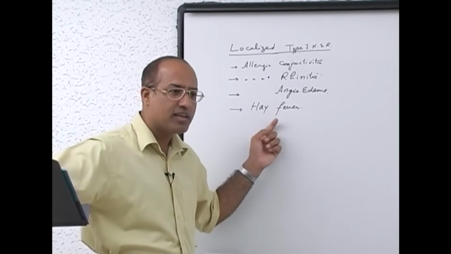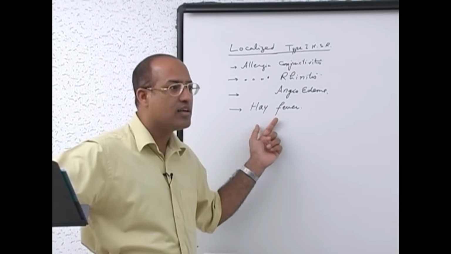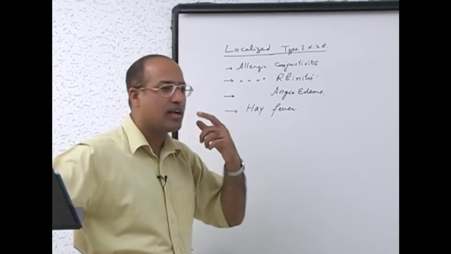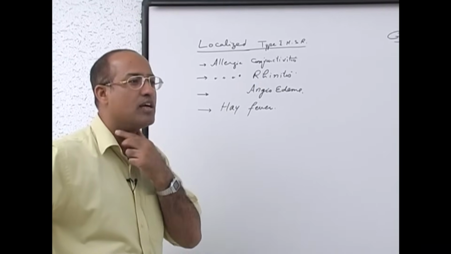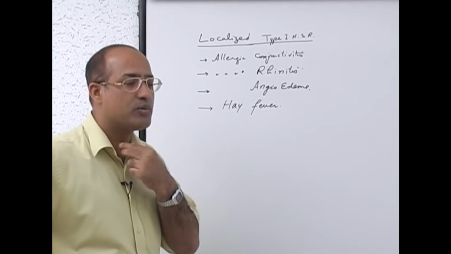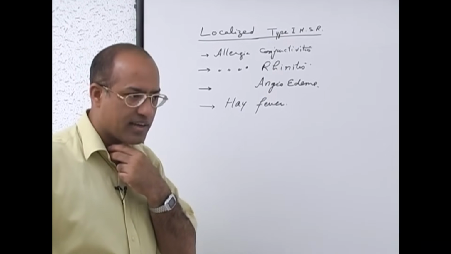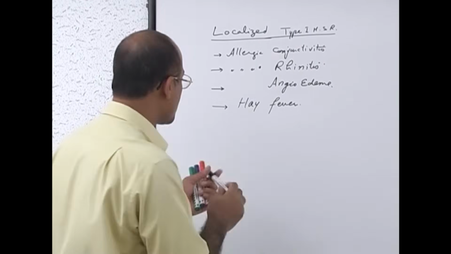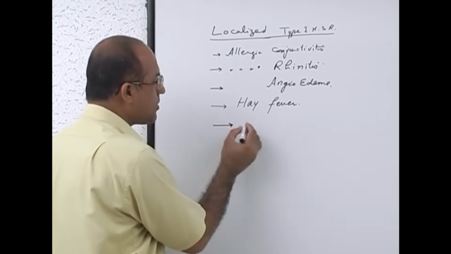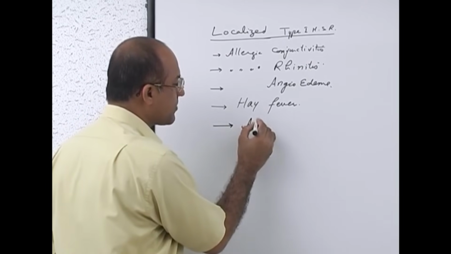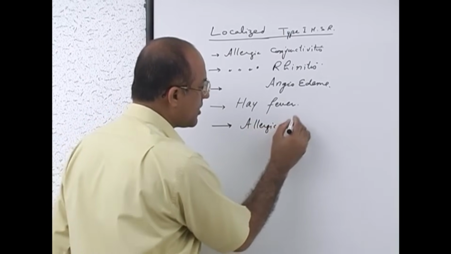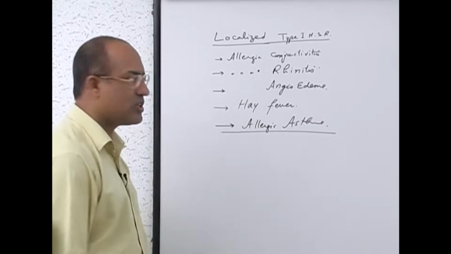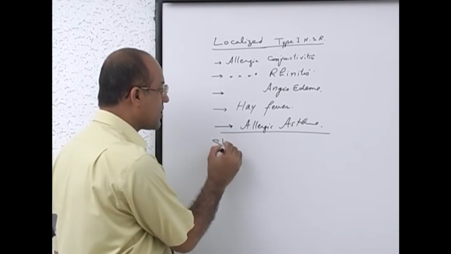In hay fever, someone has developed type 1 allergy in which he develops red eyes, he develops sneezing, and the patient also develops a sore throat type situation, and with that laryngeal and pharyngeal allergic reaction. And if the reaction goes deeper, that may become allergic asthma. Allergic asthma. Then type 1 hypersensitivity reaction may be related with the skin.